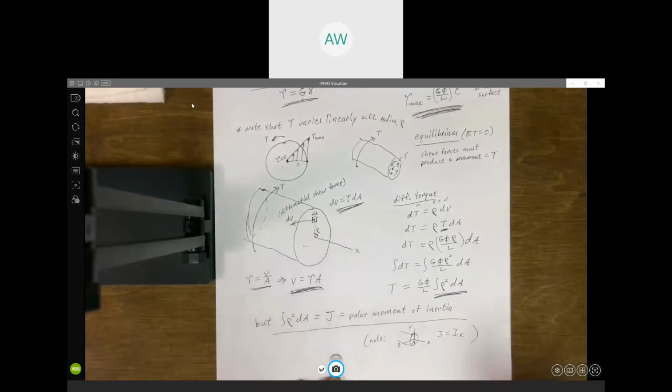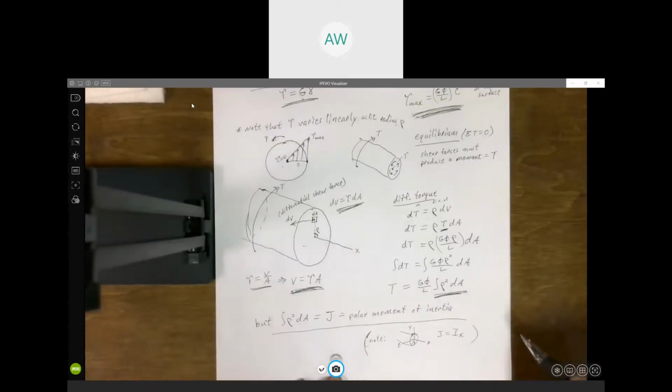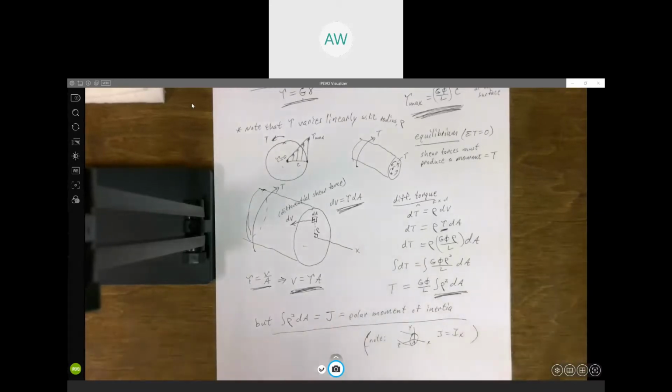Now, why J is used instead of Ix, I can't tell you, but more often than not, it's the notation that's used for this moment of inertia. I have seen very few mechanics and materials texts that do not use J and call it Ix, but most of them use J. This one does, so that's what we're going to use.